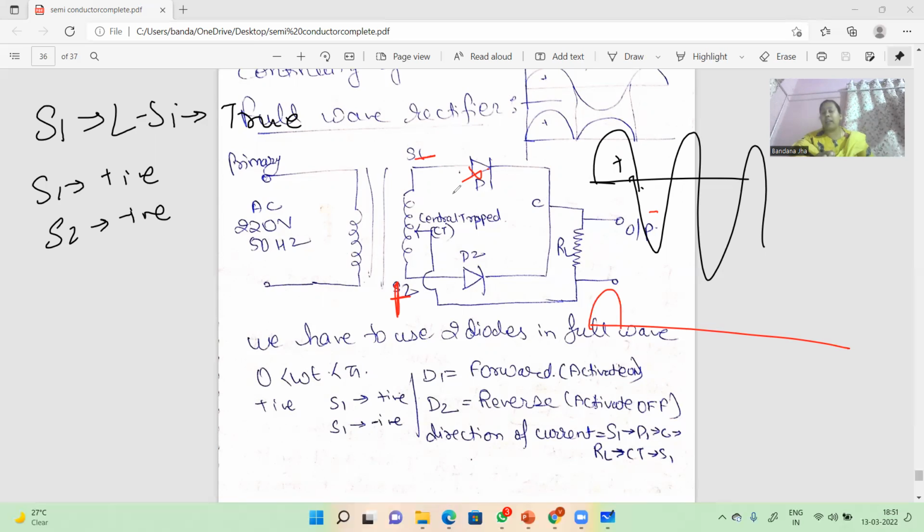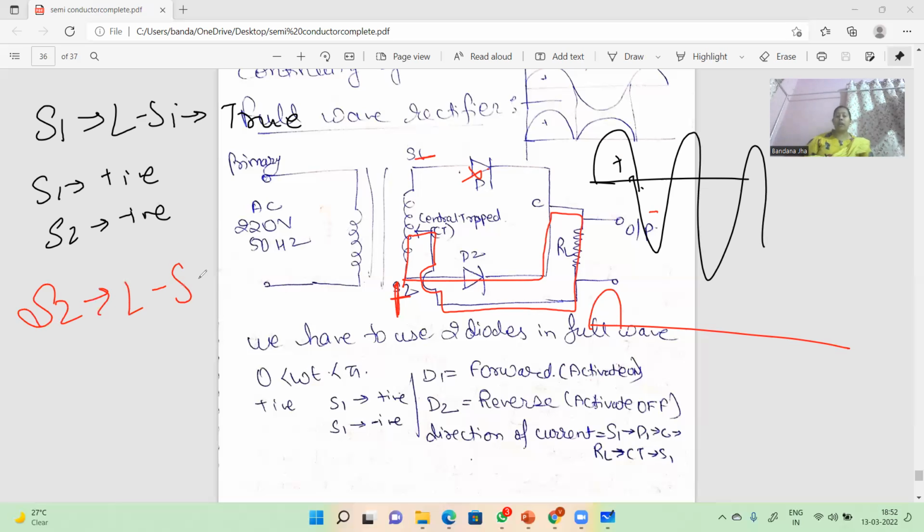Previously, when S1 was positive, we neglected D2 because that time D2 was reverse bias. But now, in this case, D2 is forward bias and D1 is reverse bias. So we neglect it. So the current will flow from S2, D2, load, again S2.